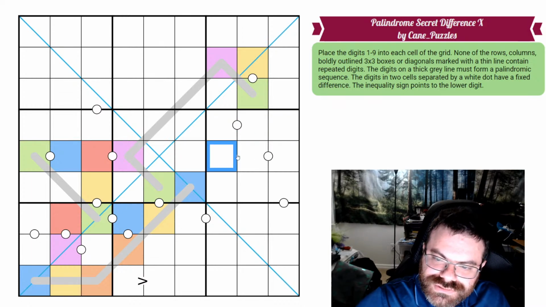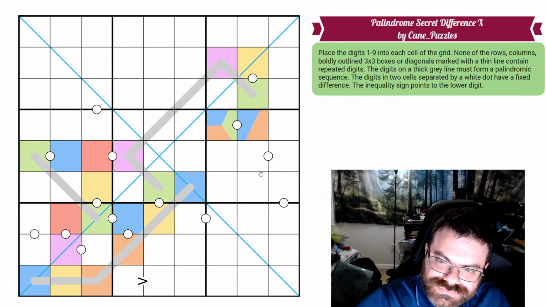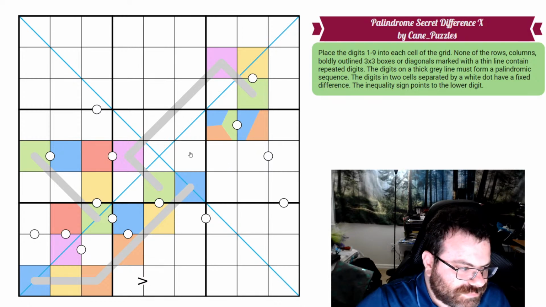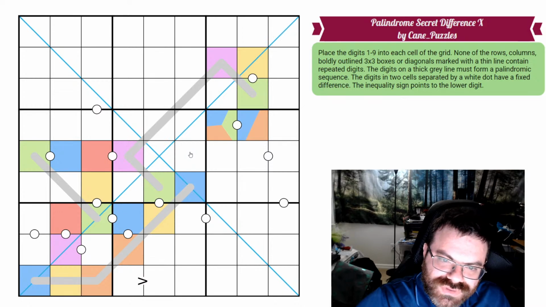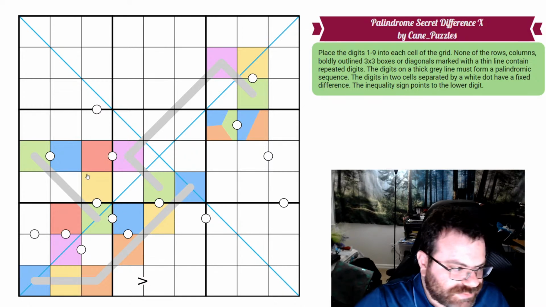Okay, so we're blue, green, or orange here. This is not green. No, there's no negative constraint.